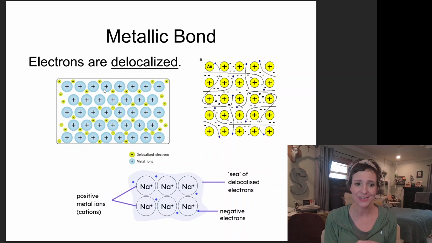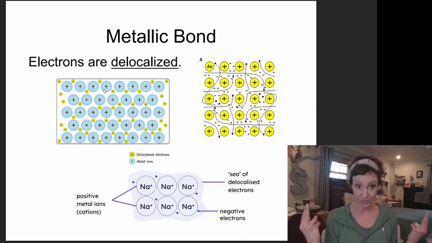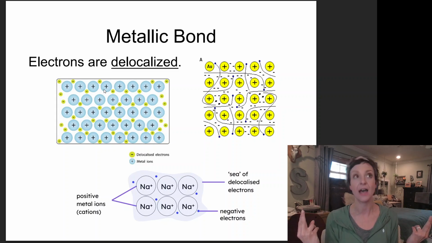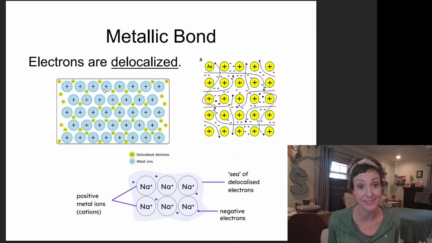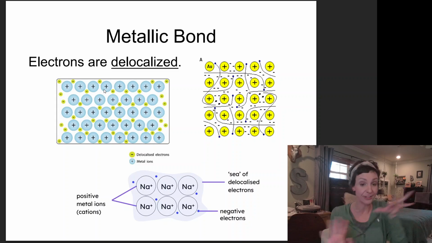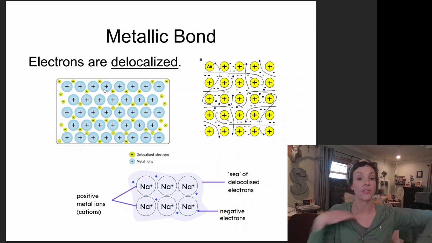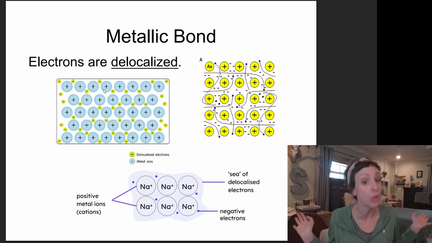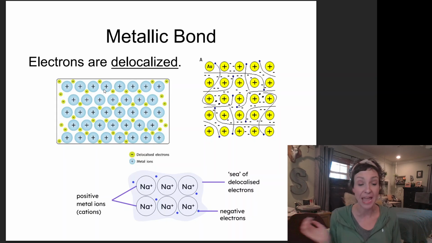It's called the sea of electrons. I like to think about it as a bunch of kids at Chuck E. Cheese swimming through one of those ball pits, where the kids are the metal cations and the balls are the valence electrons that have been delocalized from all of the atoms there. So you're like, that does not look like a bond to me.